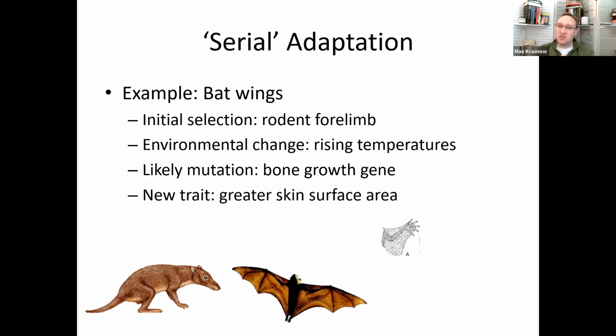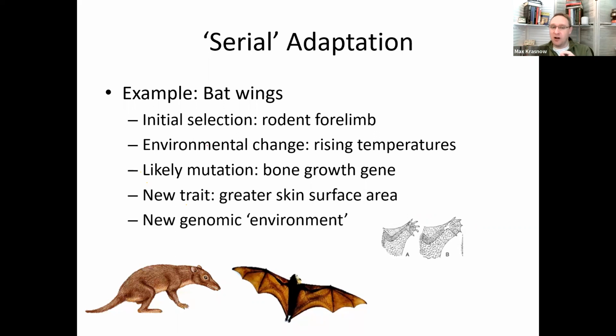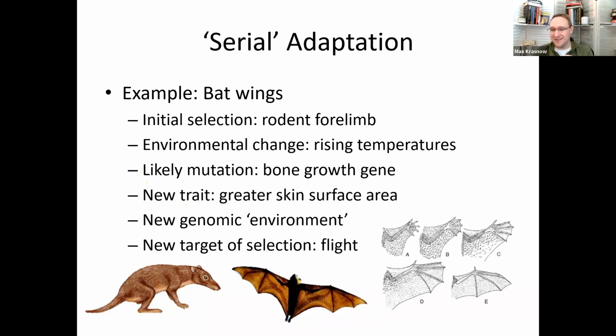And somewhere between selection for increasing surface area for dissipating heat, you start to get to a place where small changes make it more likely that you're going to be better able to control your flight.